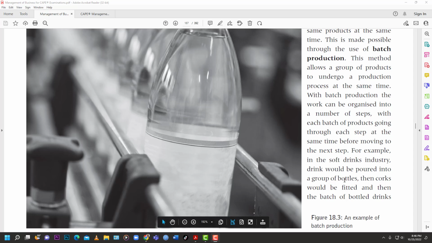So picture a bunch of sodas being produced. You run the line, fill up a bottle, move to the next step, cork the bottle, move to the next step, put on the labeling, move to the next step, put them all in a package and wrap them up. That's the batch right there. So that's an example of batch production.